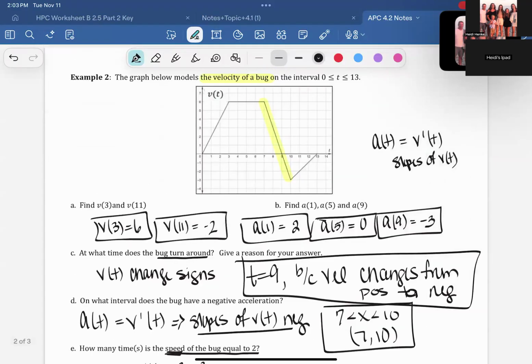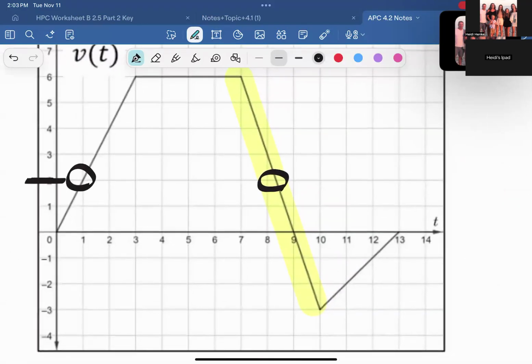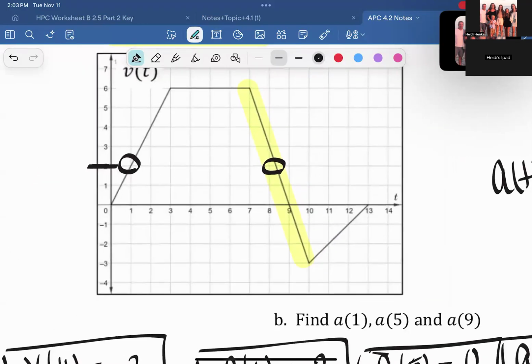So we're going to go up to our graph and we're going to say, okay, here is a velocity of 2. That happens here and it happens here at 1 and 8 point something, like 8.3 or 4. It is negative 2 here and here.